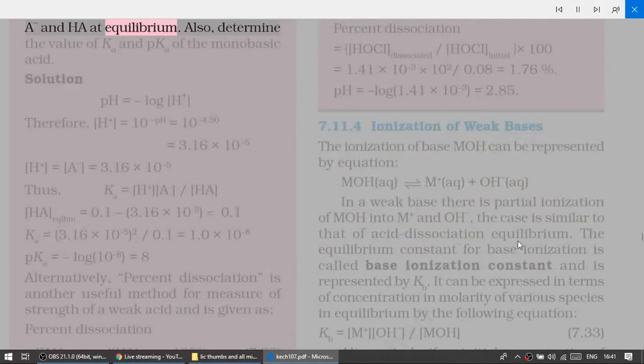A⁻ and HA at equilibrium. Also, determine the value of Ka and pKa of the monobasic acid.